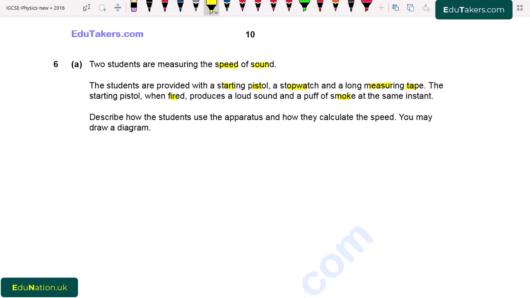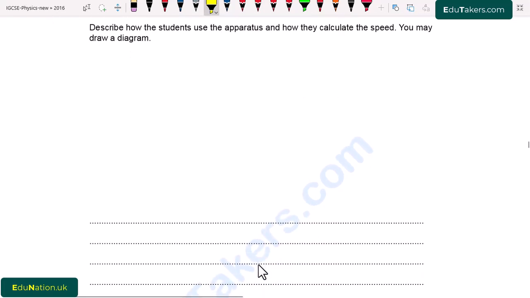So first of all, here we have to calculate the speed of sound. For that, there are two students and the distance between them is d. First student is there, and there is a pistol in his hand.